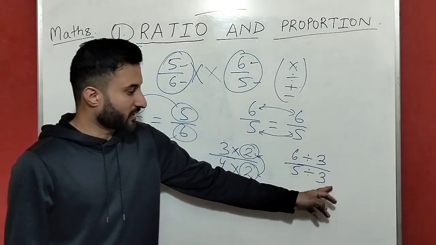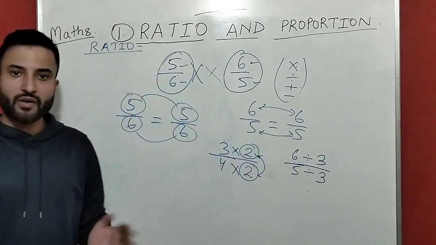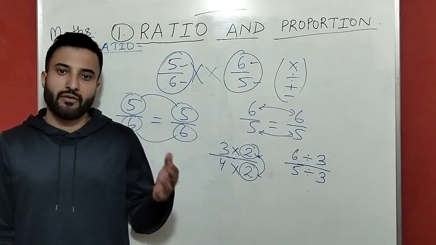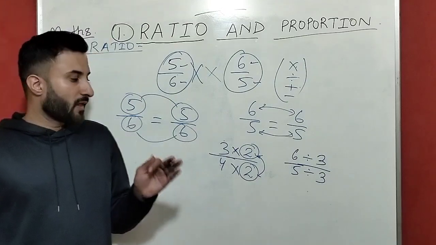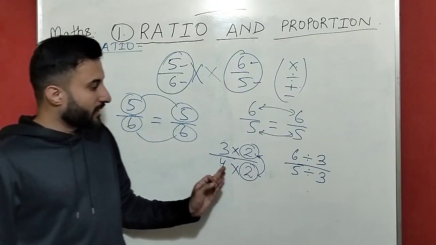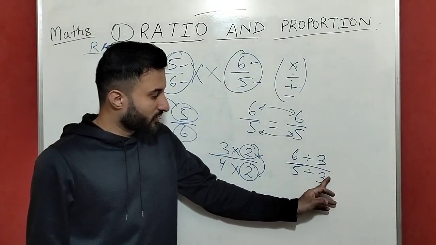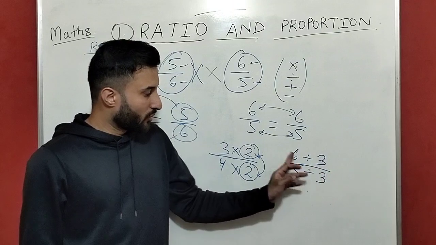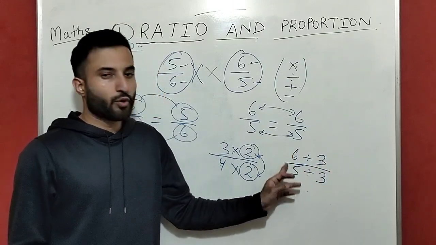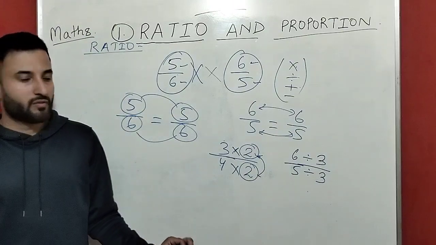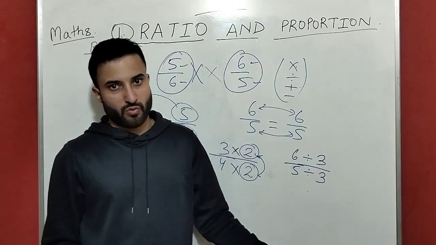Here also both numbers are the same, 3, 3. If you are doing anything with a number, you have to use the same number on both the terms. So this is important for ratio.